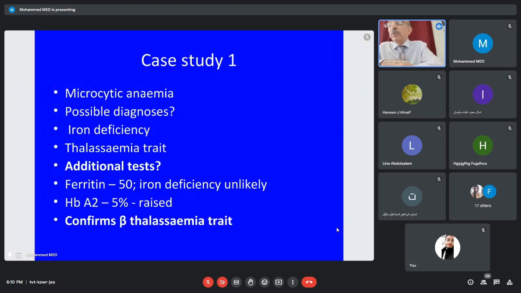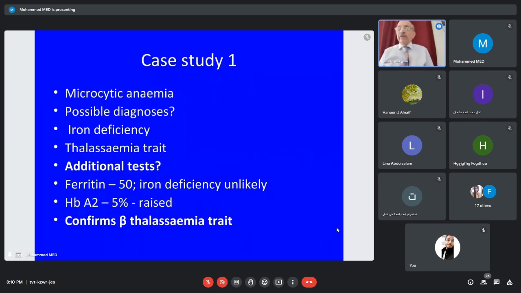Investigation-wise, we have to further our investigation, and the most important test in this patient is the serum ferritin. The serum ferritin in this particular patient, the female from Cyprus, is 50, which is within normal. So the patient is not iron deficient.